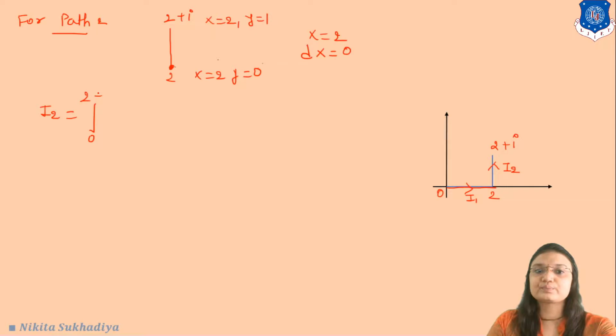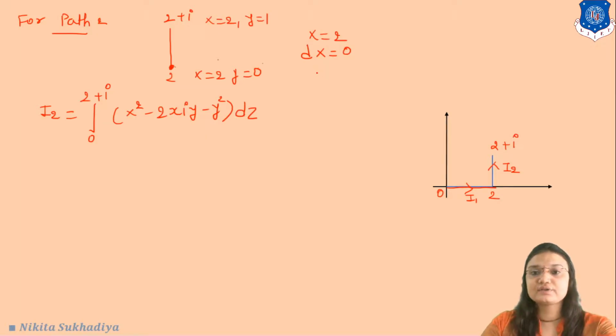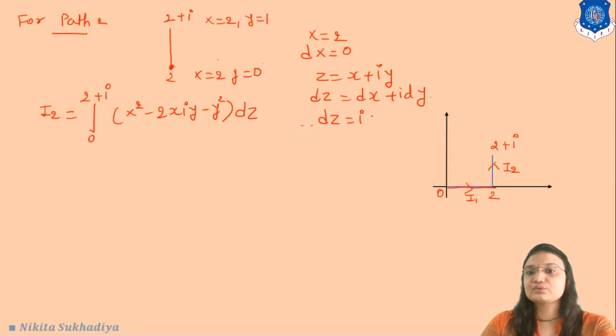So here we have the integral I2, from 2 to 2 + i, of (x² − 2xiy − y²) dz. Again we know that z = x + iy, so dz = dx + i dy. But dx = 0 in part 2, so dz = i dy.